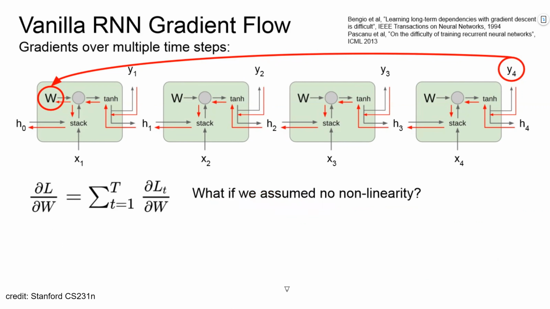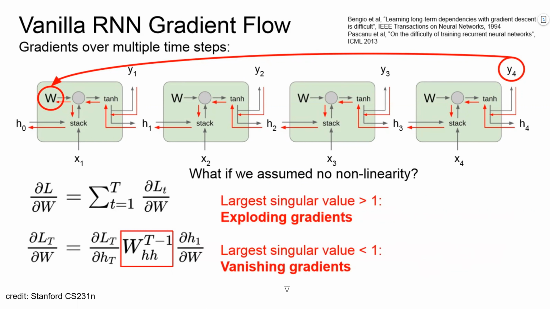And what if we assumed no nonlinearity? Then a similar thing happens. Even though we remove the nonlinearity, hypertangent, we need to take the power of capital T minus 1. And if the largest singular value is larger than 1, then the gradients are going to explode.